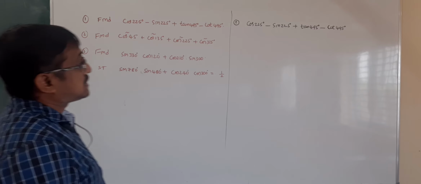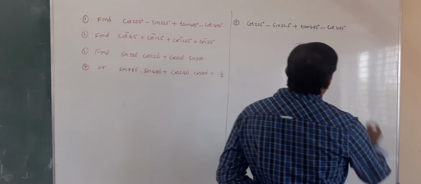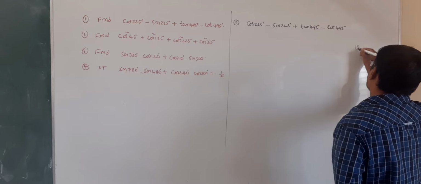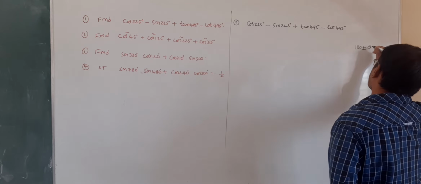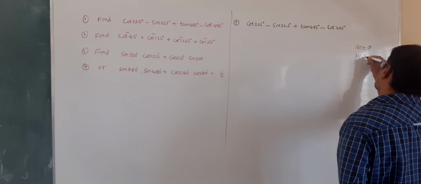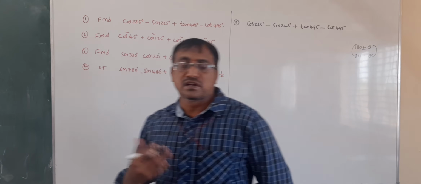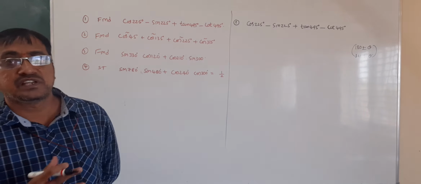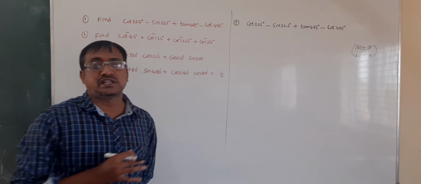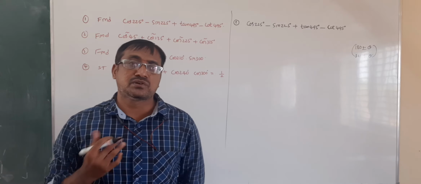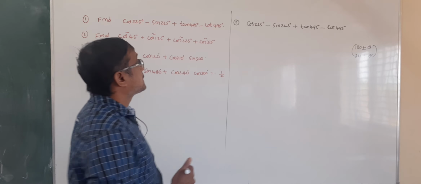Now remember that you have to write the given angle in the form 180 plus or minus theta or 360 plus or minus theta, so that the function is not going to be changed. If you write the given angle in that form, there will be no change in the function.